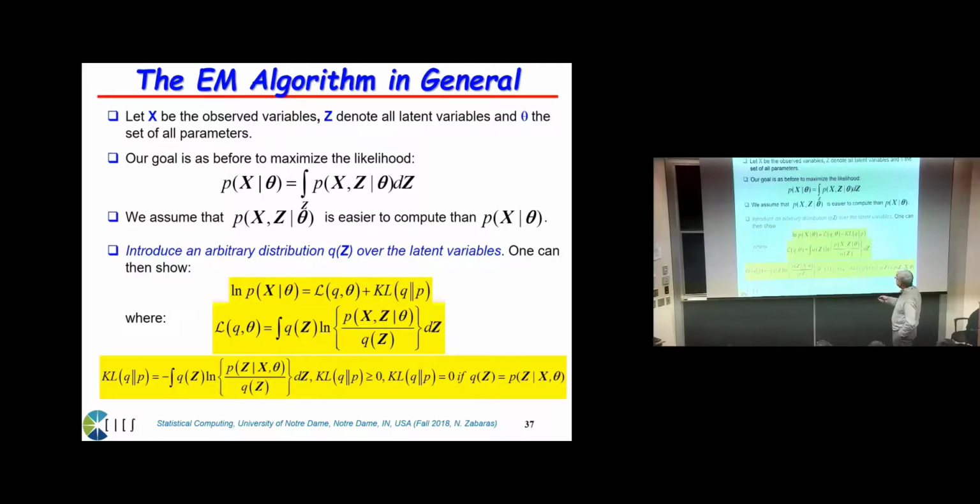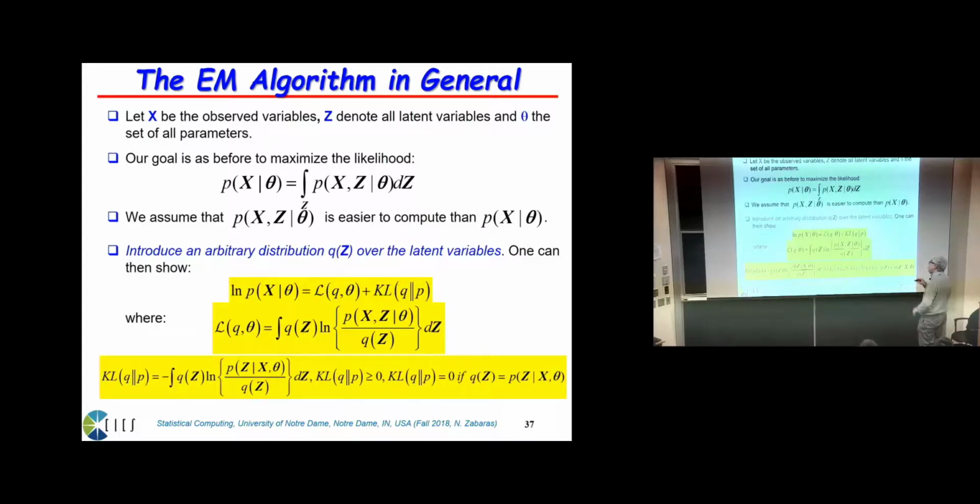This equation says that the log likelihood of the data X is what is called the lower bound, I will explain the arguments, plus the Kullback-Leibler distance between an arbitrary distribution Q and P, the posterior distribution of the hidden variables Z given the data X and the parameters.